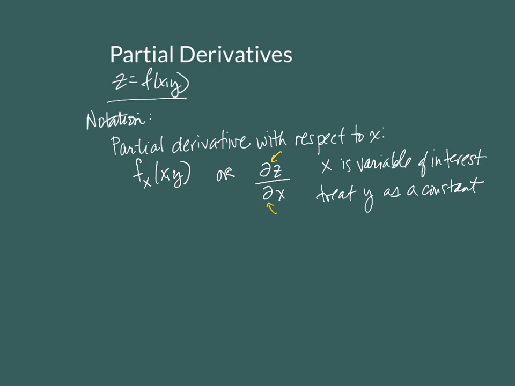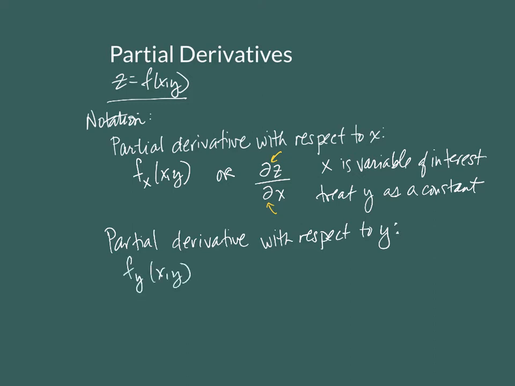Similarly, if I want the partial derivative with respect to y, then the notation is f sub y of x and y, or partial of z with respect to y.